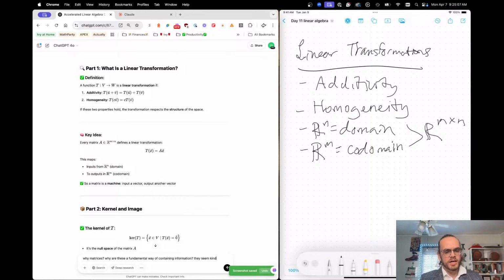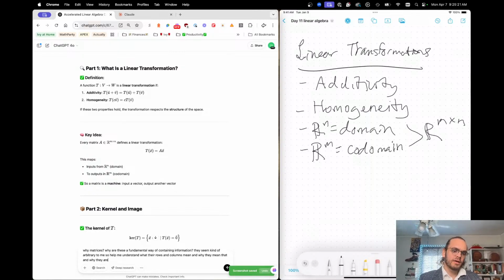They seem kind of arbitrary to me. So help me understand what their rows and columns mean and why they mean that, and why they are important to mathematics and the universe as a whole. Let's see what it says to this big prompt.